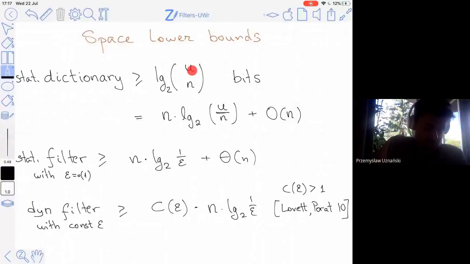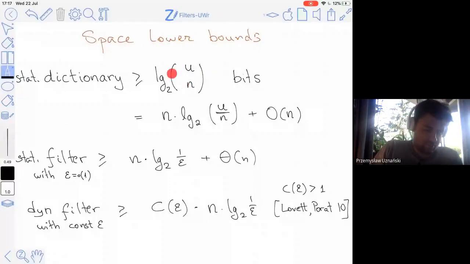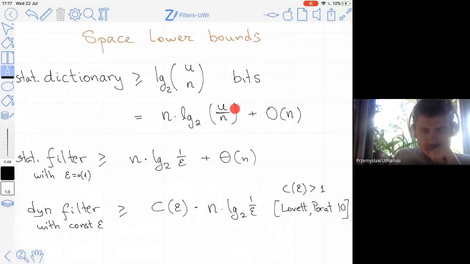So if you want to represent such a set, you would need log base 2 of u choose n bits. And that translates to n times log of u over n plus a linear number of bits. Okay, so this is a lower bound on the number of bits you need in order to represent a subset from a universe U with cardinality n.